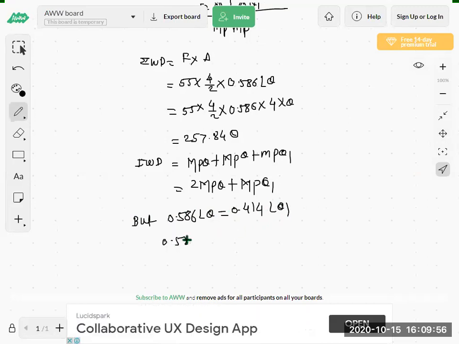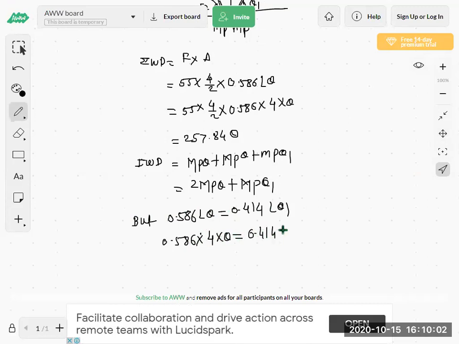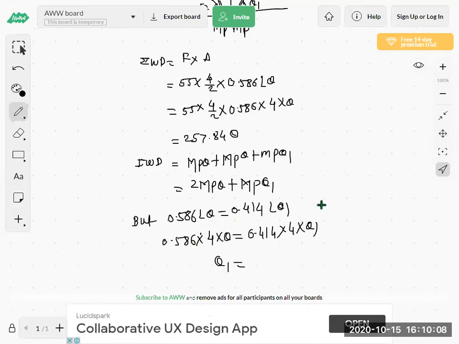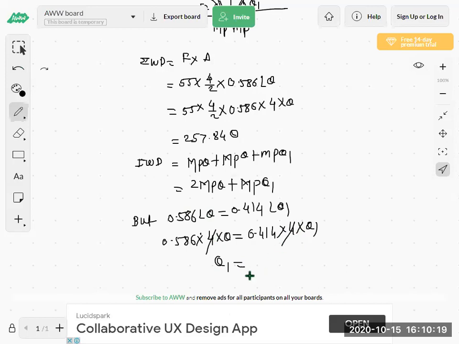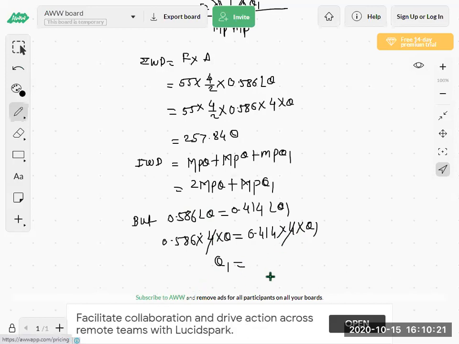So 0.586 L, L is 4, into theta is equal to 0.414 L, L is 4, into theta 1. So calculate theta 1 here. Tell me the value of theta 1 here. This 4 gets cancelled. 1.42 theta. Okay, theta 1 is the value of 1.42 theta.